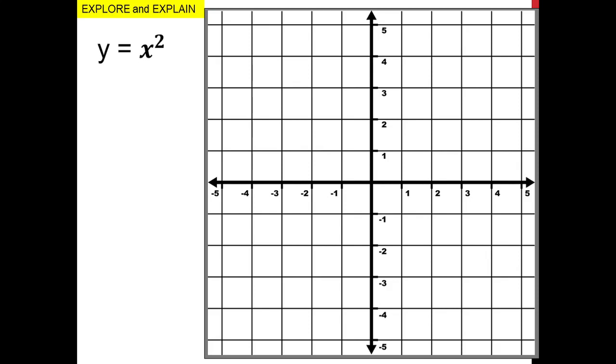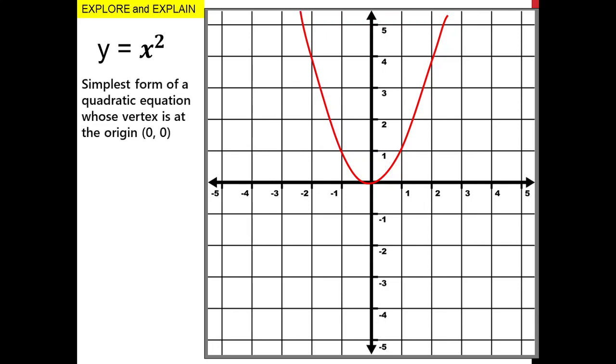So say we have here the equation y is equal to x squared. This will be the graph of the said equation. Now y is equal to x squared is also called the simplest form of the quadratic equation, whose vertex is at its origin, here, at (0, 0).